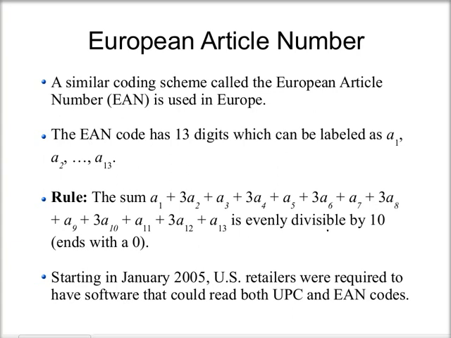And this should also be evenly divisible by 10 or end with a 0. So you can actually make a UPC code into an EAN code by just adding a 0 on the front. And starting in January 2005, US retailers were required to have software that could read both the UPC and the EAN codes. So this will finish up part 1, and we'll look at the rest of this section in the video for part 2.